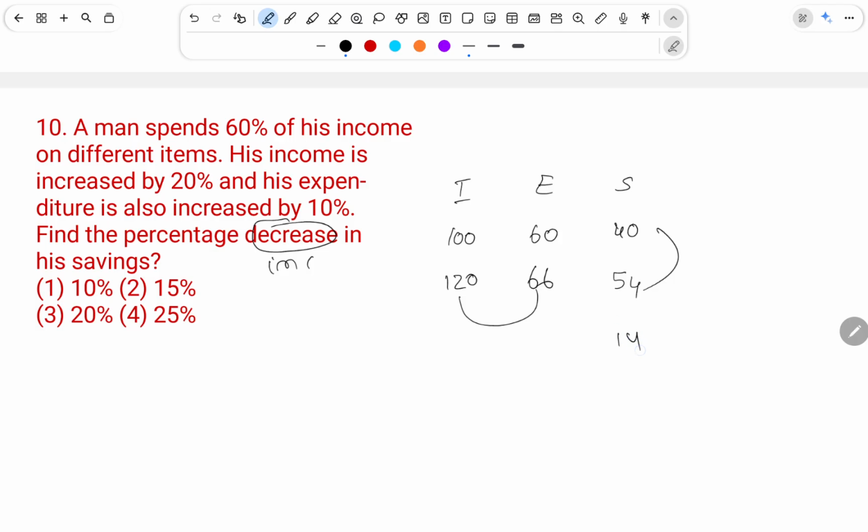How much increased? 14 over 40 into 100, which is 35. 35 increased, but it is not in the options, though the question says decrease. So 35 should be the answer.